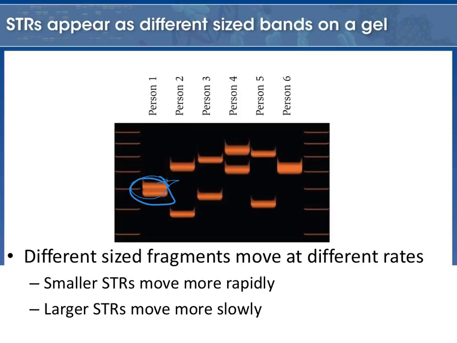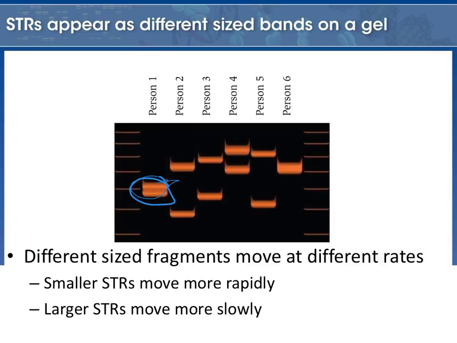Other times there'll be like person number 2. We've got a band that's longer and heavier up the top and shorter down at the bottom. But everybody's going to have 2 bands. One from mom and one from pop, whether it's a double band or not.